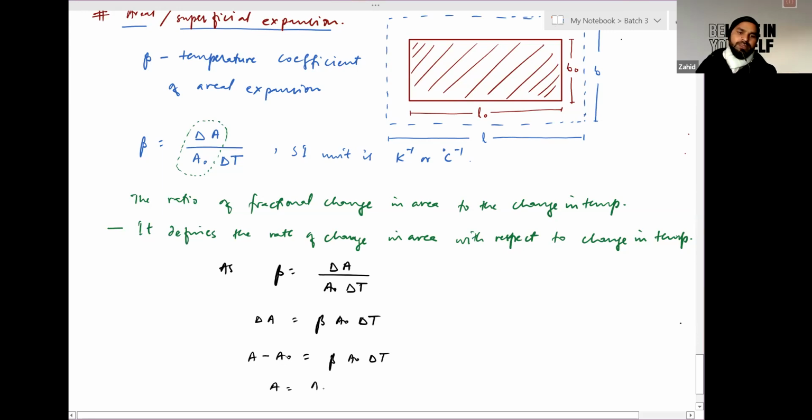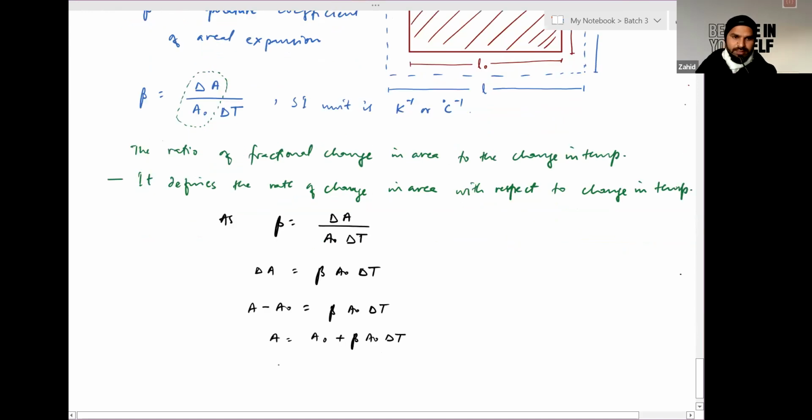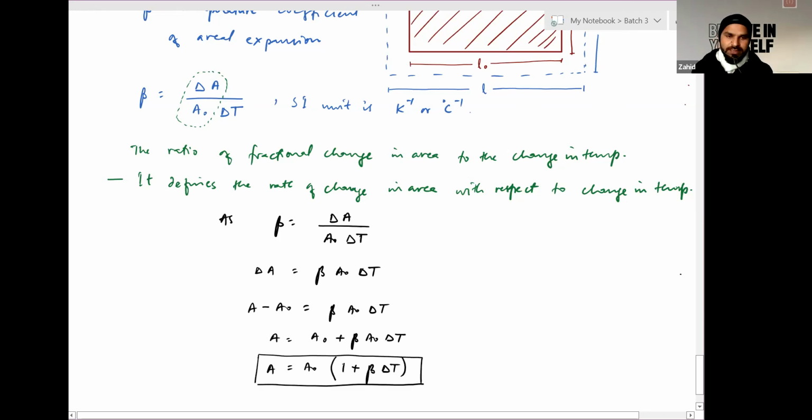So A will be equal to A naught plus beta A naught delta T. Now take out common A naught. So you're left with A naught times 1 plus beta delta T equals the final area, which is similar to what we obtained for final length in terms of linear expansion.